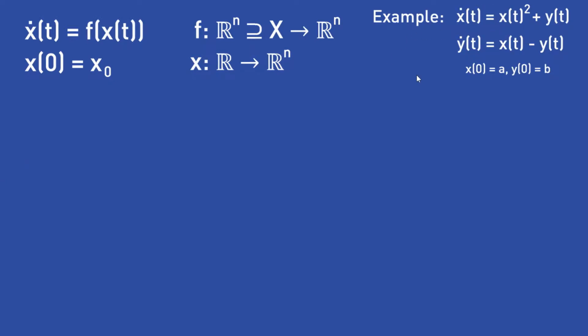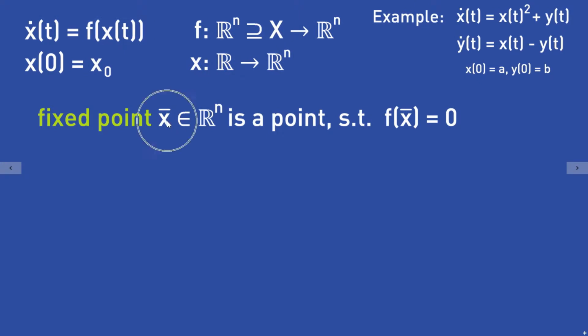A fixed point or stationary solution of this system is a point x bar in R^n, so that f of x bar is equal to 0. Normally you won't be able to find the solution of such a system directly.